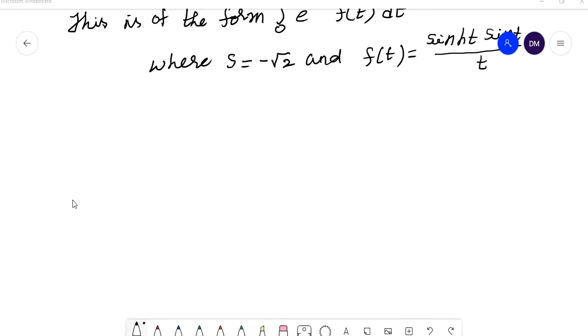Hence now I can use the definition of Laplace transform.